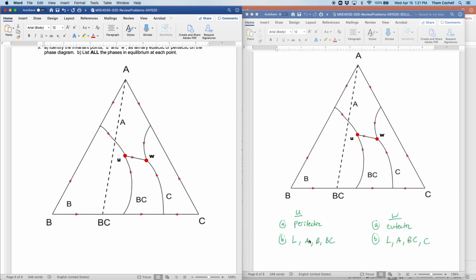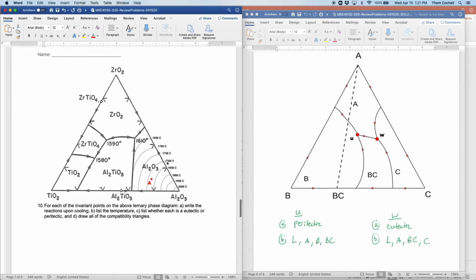So for the paratectic, we have A, B, and BC. So that's basically what's around this invariant point. And then the eutectic, we have the same thing. We have a liquid, and then we have A, B, C, and C in this case, or what's around that point.